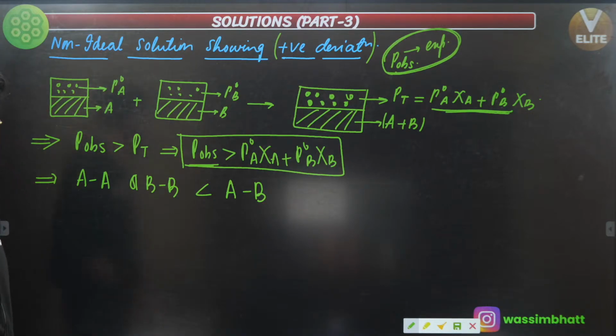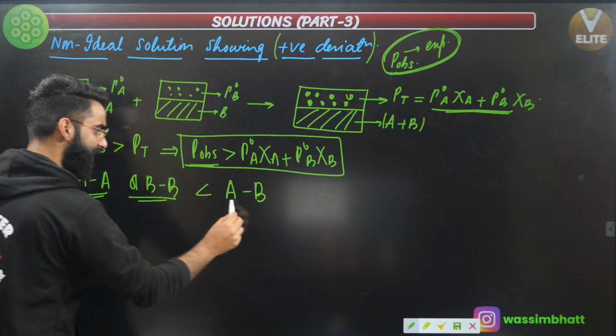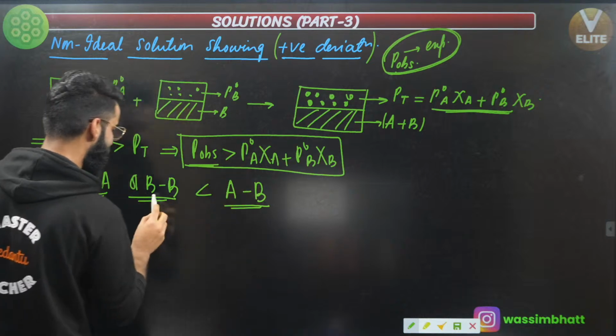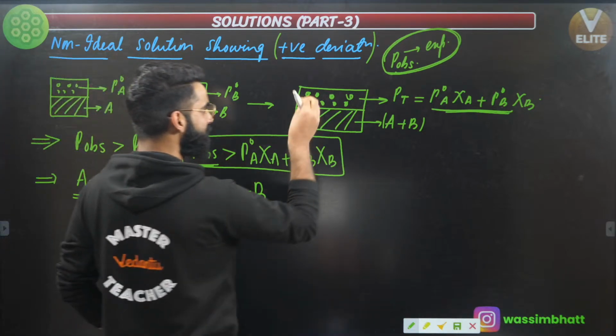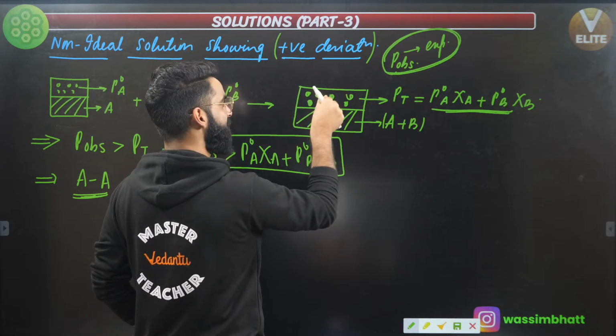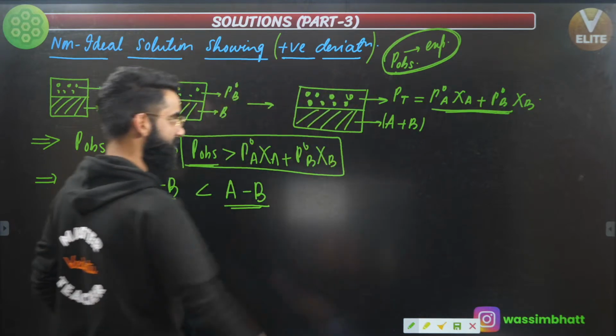Correct? So the first thing which I want you to take note of is that the AB interactions in case of this solution will be less than BB and AA interactions. That's why the amount of vapor generated over here will be more, due to which the experimentally determined vapor pressure will be greater than the theoretically determined vapor pressure as per Raoult's law.